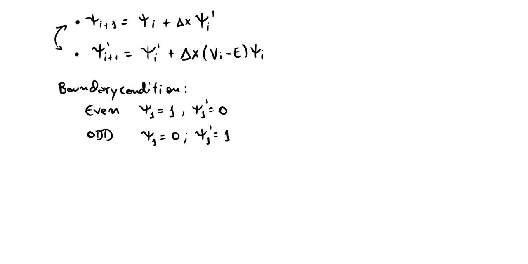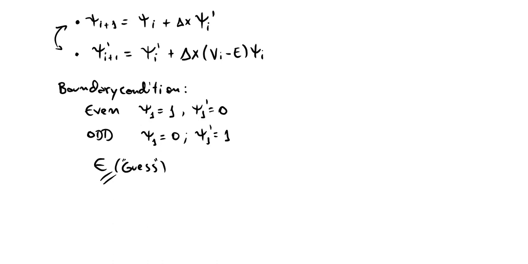Okay, this is what you are going to start with. And you also have to define an initial energy. This is the energy that you are going to guess. So you start guessing some energy and then you see how it goes, okay?